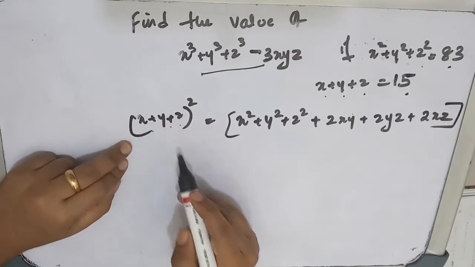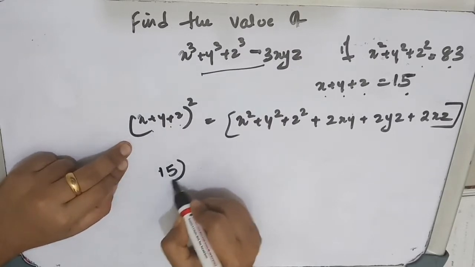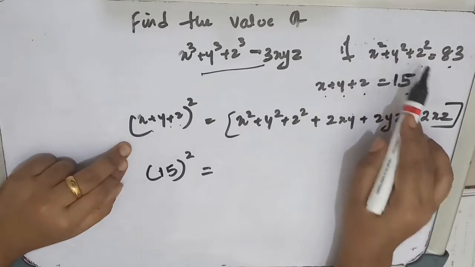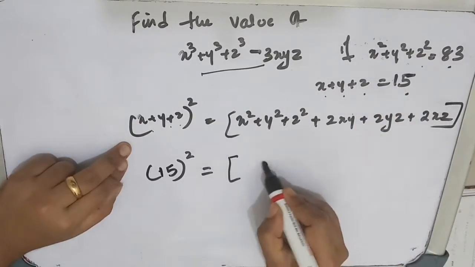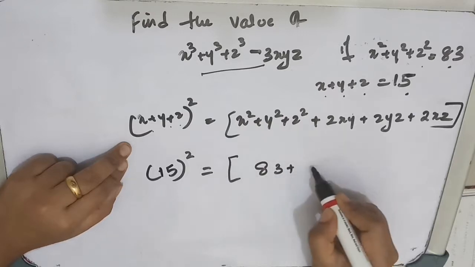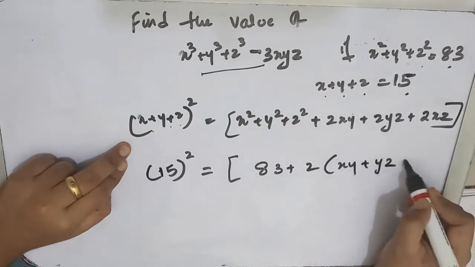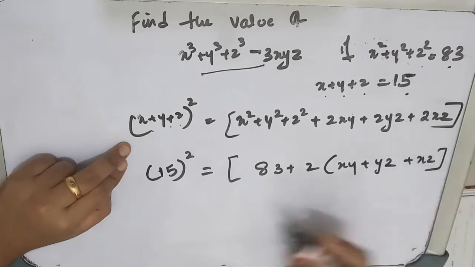We know that x plus y plus z is equal to 15. So 15 square is equal to x square plus y square plus z square, which is 83, plus 2 into xy plus yz plus xz.